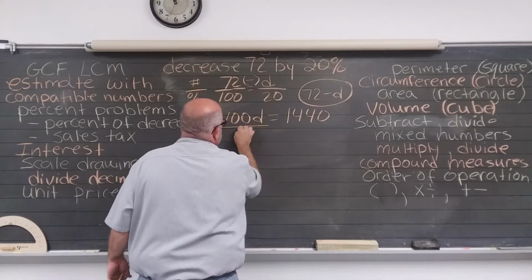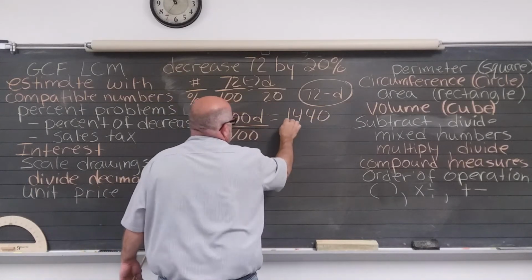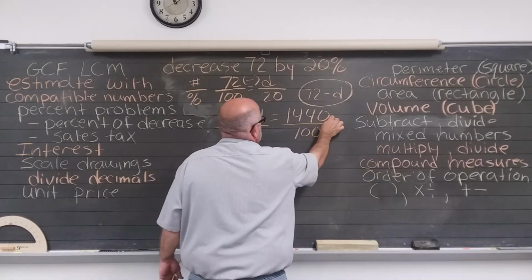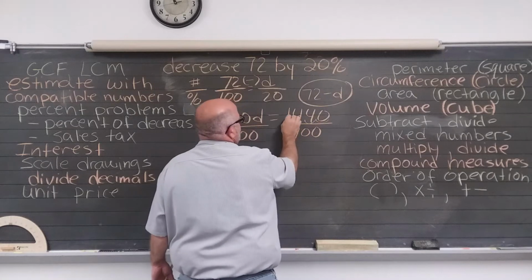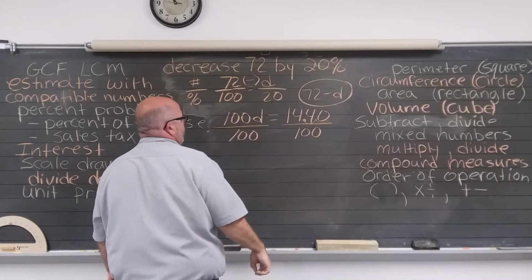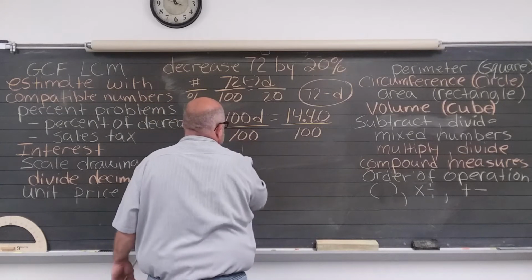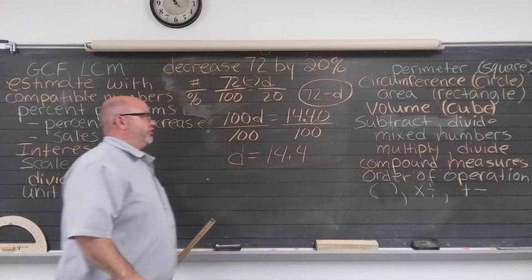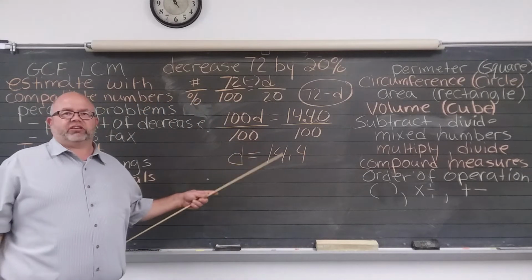Divide this by 100. What happens when you divide by 100? You simply move the decimal point 2 places to give you 14.4. You can drop that 0. So the decrease, D, equals 14.4. But you're not done yet.